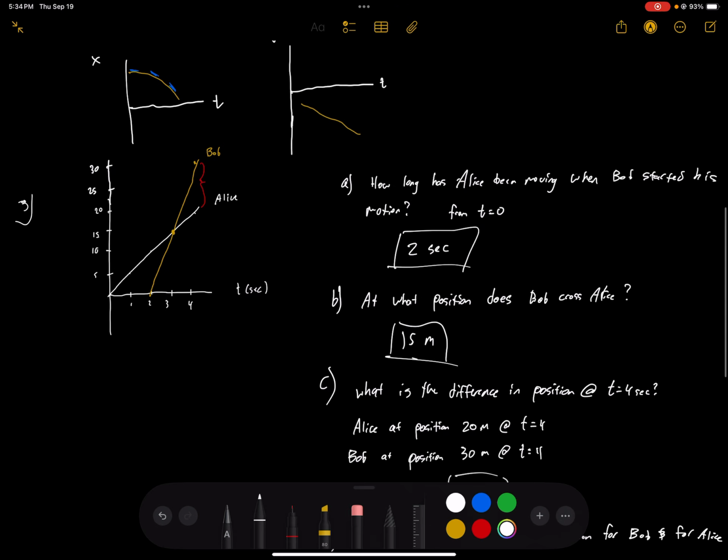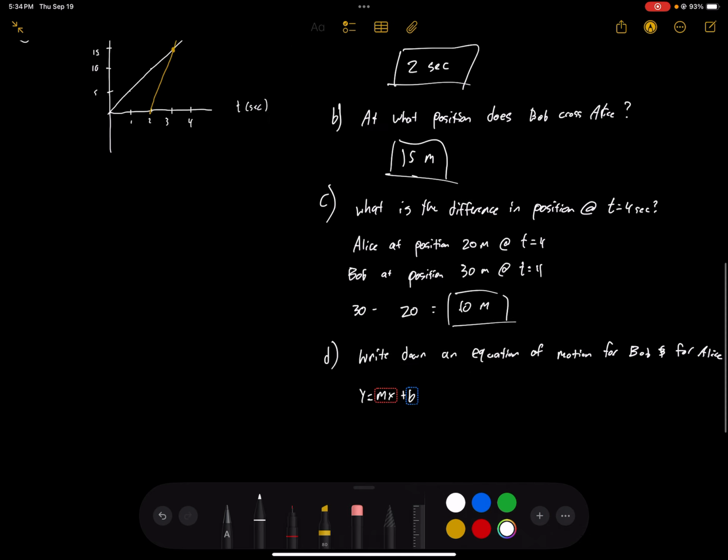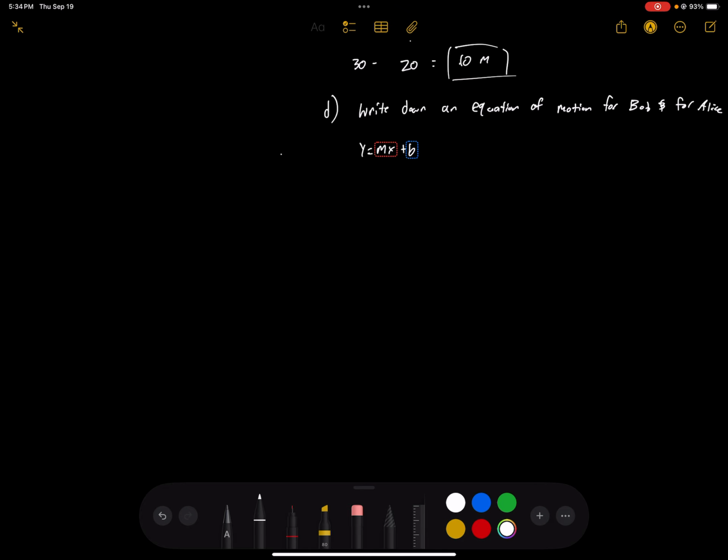Now, in physics, with a position-time diagram, this is x in meters, this is t in seconds. So the equation's a little different. This is math. In physics, if we're dealing with an equation of motion on a position-time diagram, we're representing the position x as equal to the velocity v, because we talked about how velocity is the slope of a position-time graph, times t.